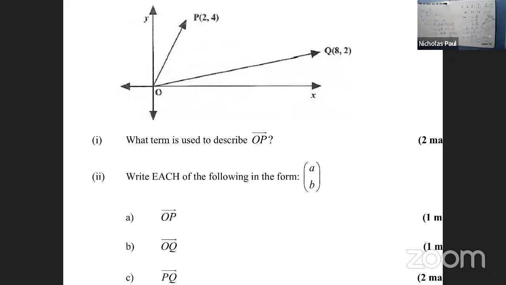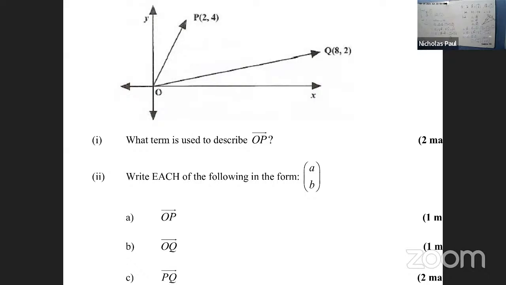There are three parts: part one, and part two A and B. What is called OP? The position vector of P, right?